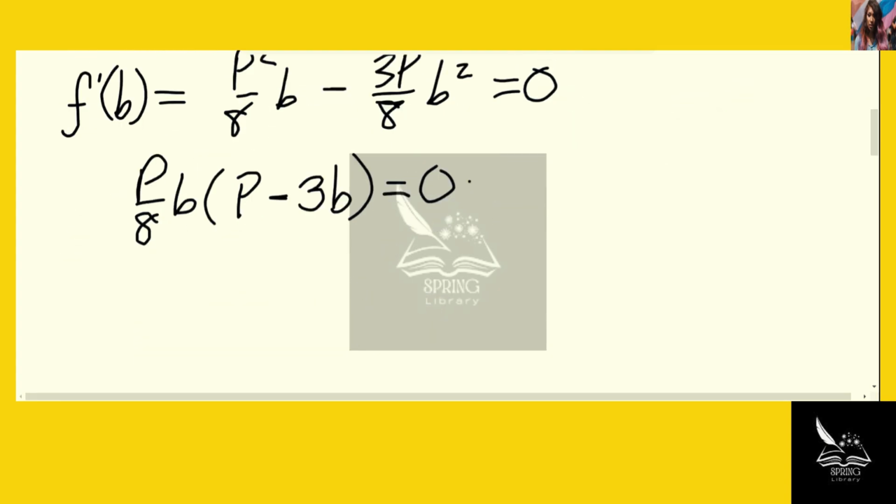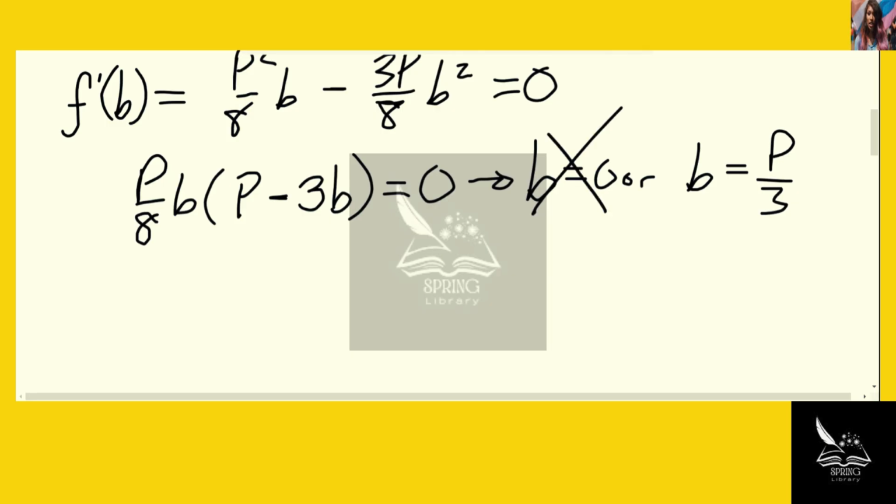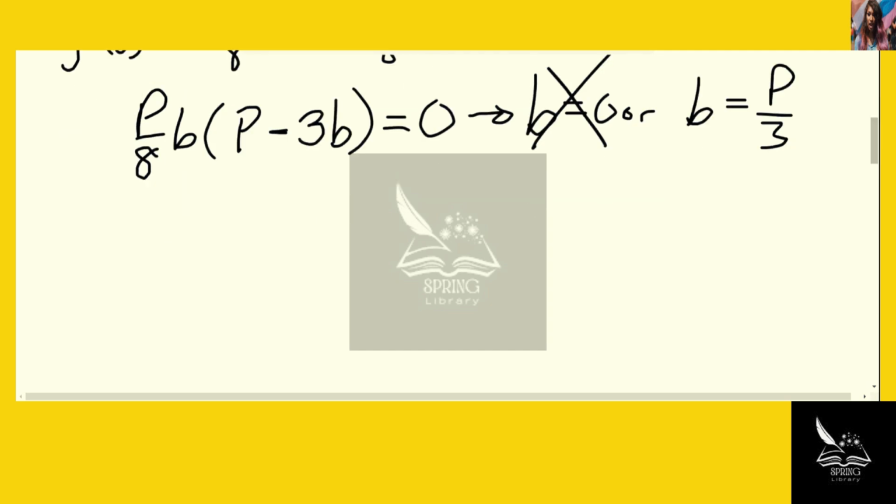And so we get that B equals 0, or B equals P over 3. Now, very clearly, B equals 0 is not a reasonable answer. It's not going to be maximum area. So we only have the critical value of B equals P over 3.